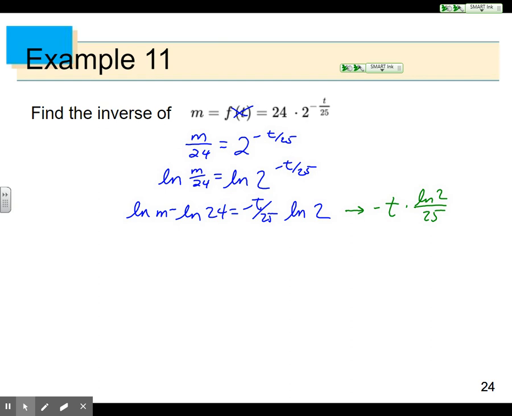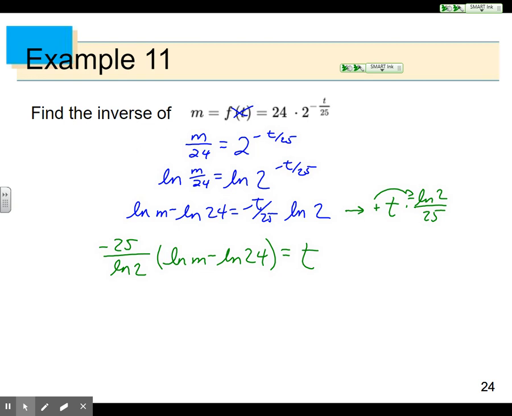So I'm going to clear that fraction by multiplying both sides by the reciprocal right here. I'm actually going to tag that negative over here, and so it'll be a positive t. So I would have 25 over the natural log of 2, and it's the negative, times natural log of m over 24. And that in itself would just equal t right there.